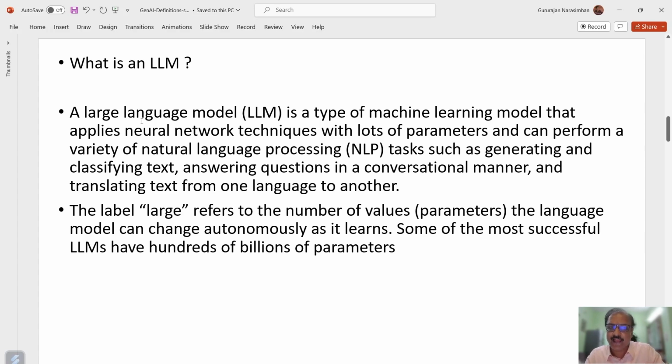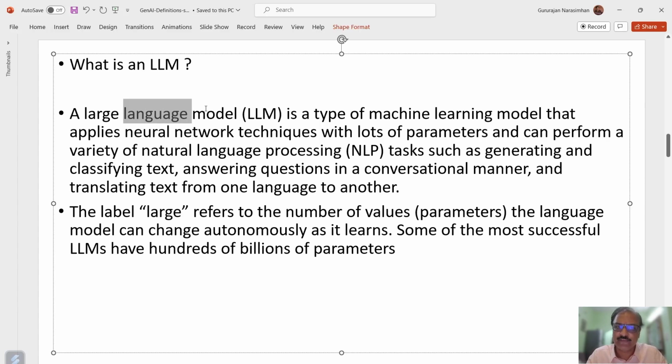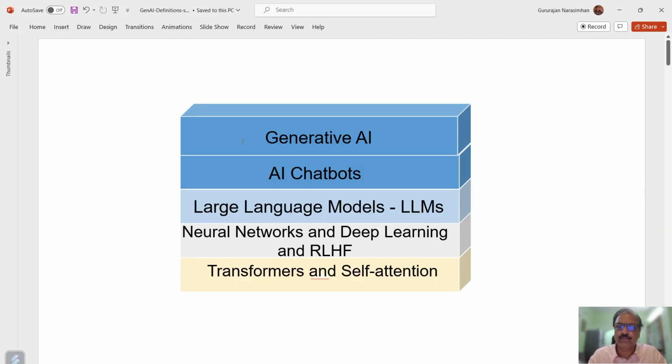A language model is something that predicts the next word in the very simplest sense. A language model is a system that predicts the next word in the sentence. A large language model takes it to its extreme logical conclusion. So, the technology behind an AI chatbot is the large language model.